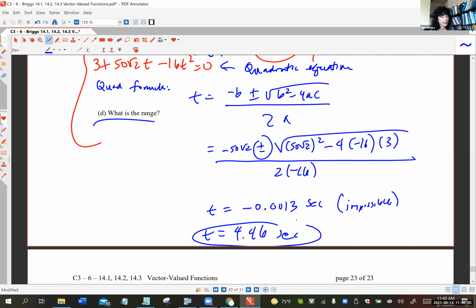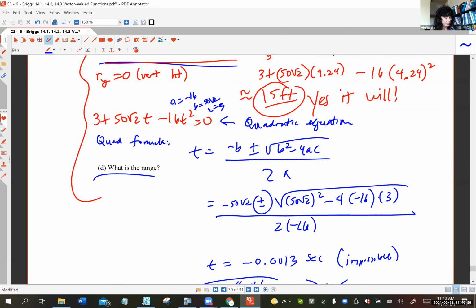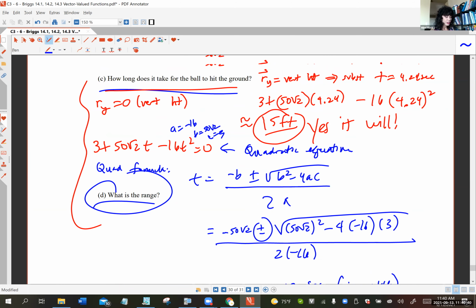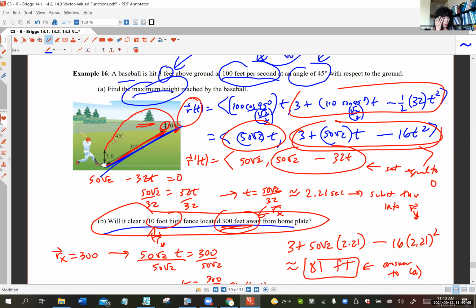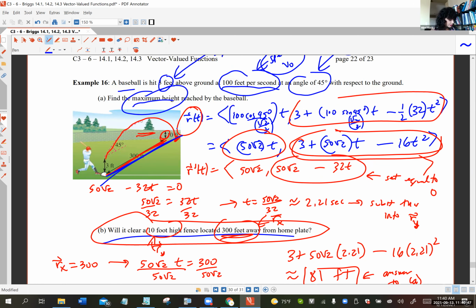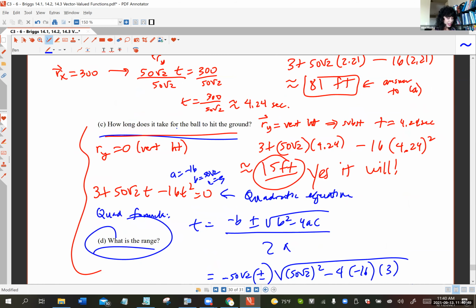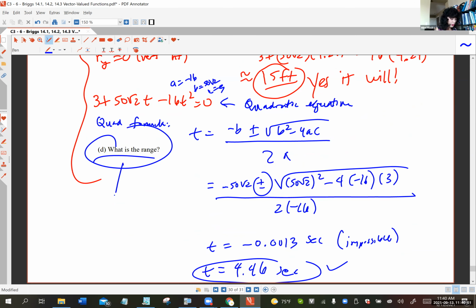Now we're going to look at letter D. We're going to use our answer to letter C, 4.46 seconds, to figure out what the range is. What do they mean by the range? Well, how far away from home plate is the ball when it finally hits the ground? That's what they mean by range. So you want to know what Rx is at the point when time t is 4.46 seconds.